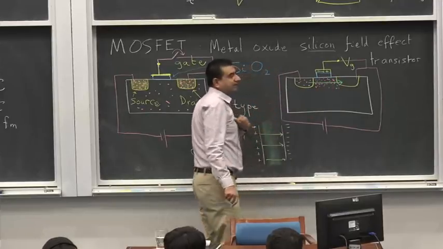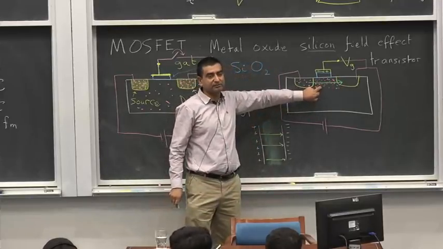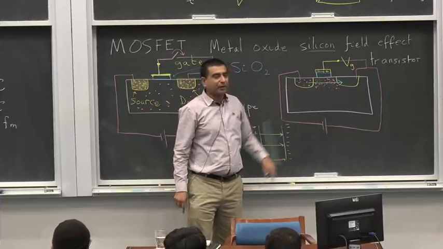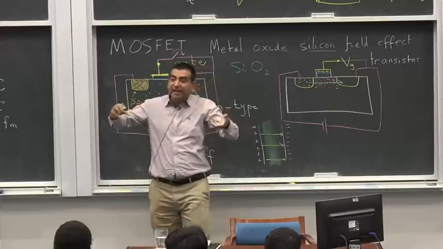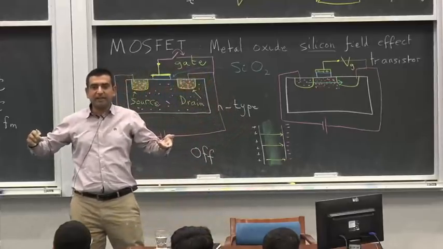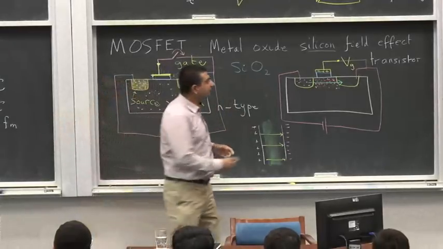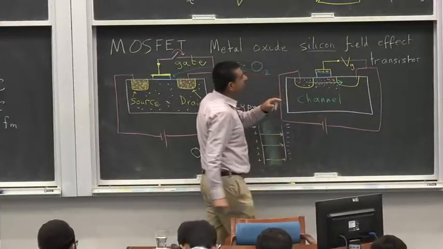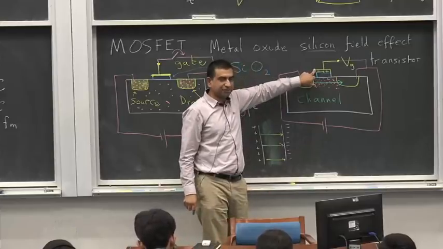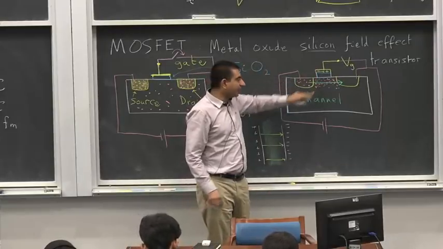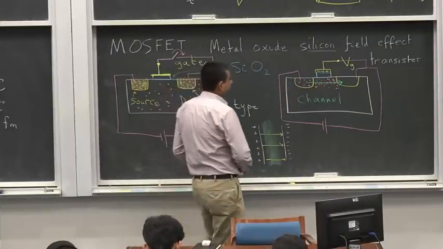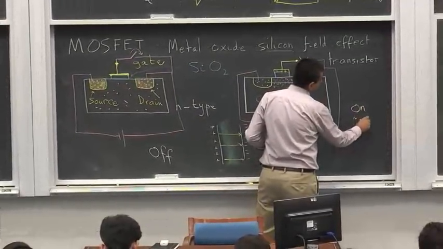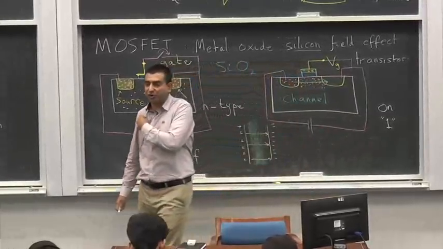Electrons will start flowing in this direction because now electrons are available inside this region. We say that a conducting channel has been made. An N-type conducting channel has been made between the source and the drain because of the application of a gate voltage. And the transistor is then said to be in the on state, or 1 state. It's on. The transistor has been switched on.